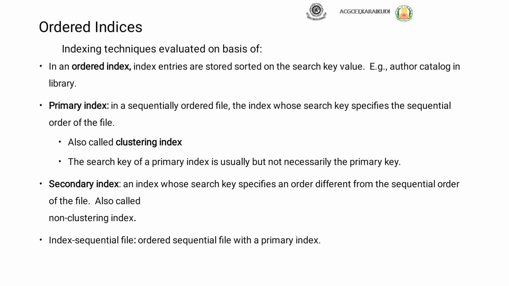If the search key of a primary index is not a candidate key, the index points to the first record with the particular value for the search key, since the other records can be fetched by a sequential scan of the file.